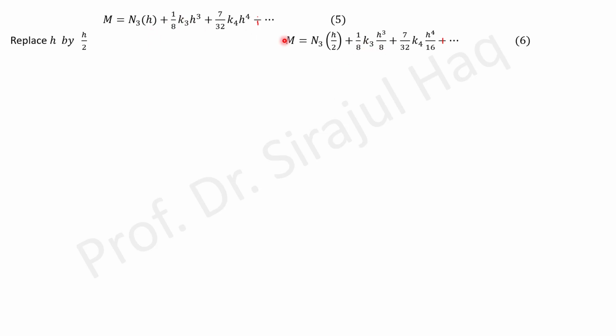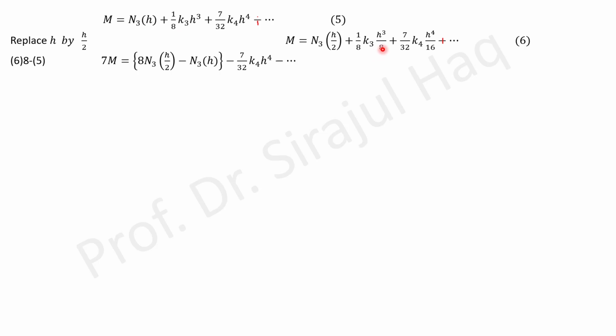So you can see that the difference is: multiply equation number 6 by 8 and do the subtraction of equation number 5. When you do that, this will become 8M minus M, which is equal to 7M. 8 N3 of h divided by 2 minus N3 of h, it's coming from there.